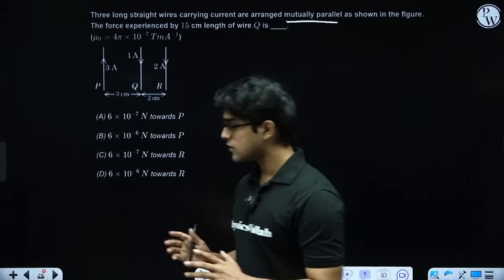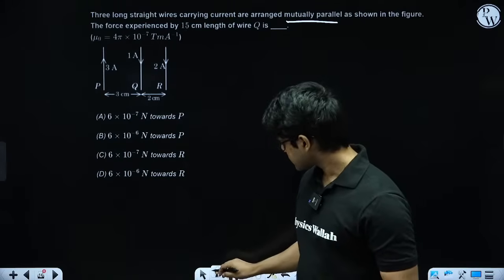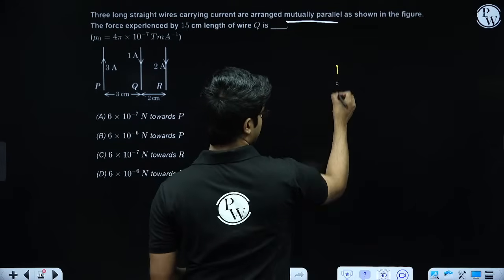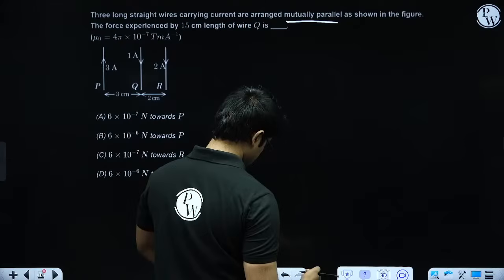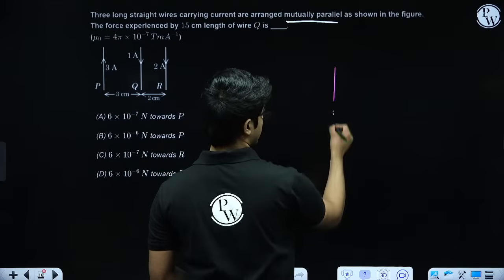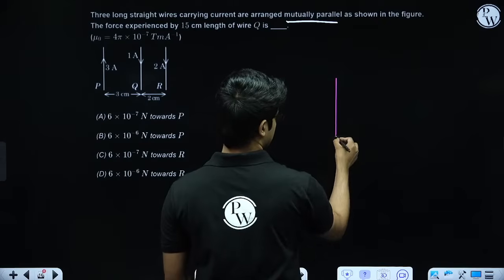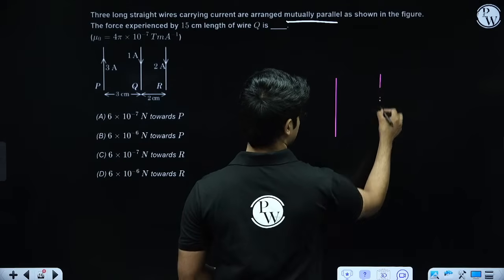This is based on a very common result which we cover in class, and that is whenever we have 2 current carrying wires, this is wire number 1 and this is, let's say, wire 2.